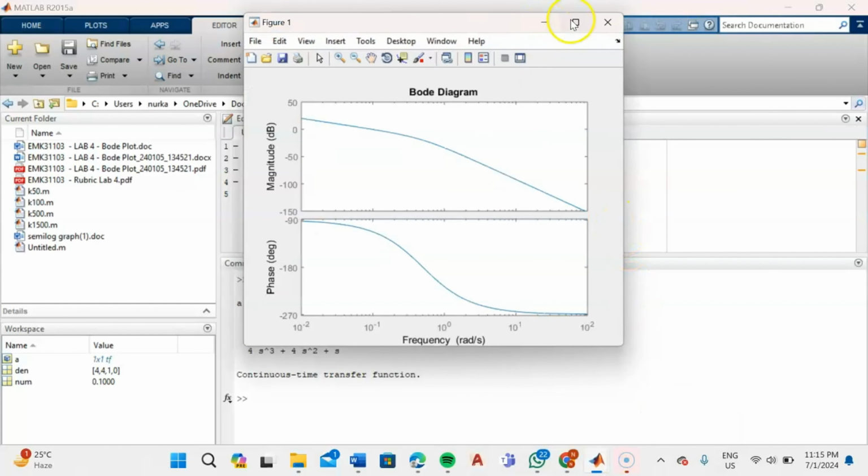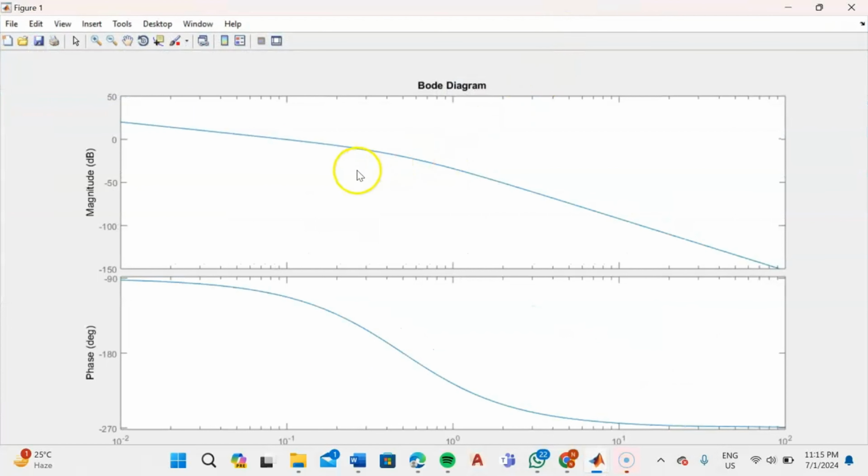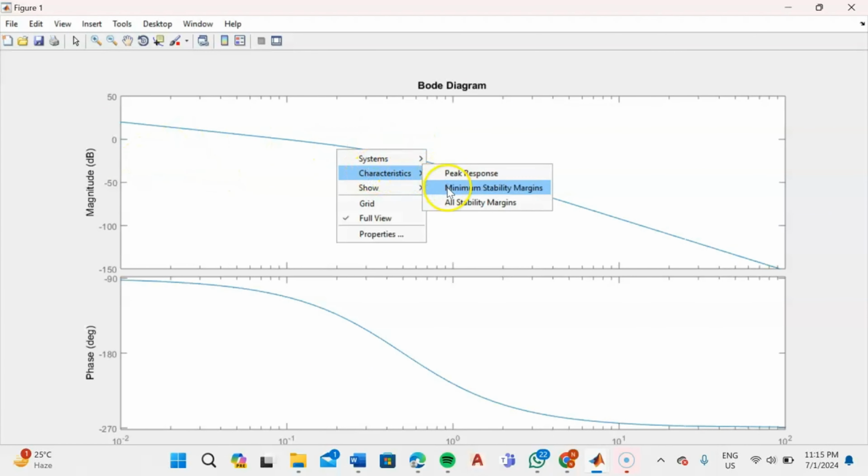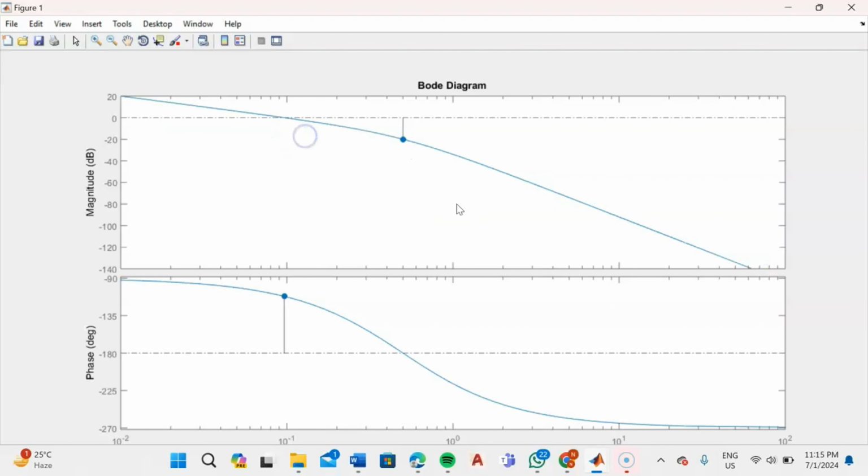And here is the Bode diagram. Then we need to choose characteristic and all stability margins. For the magnitude in dB for this system, the gain margin is 20 at frequency 0.5 rad, and this closed loop is stable.